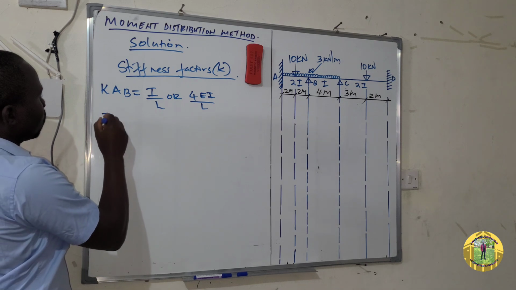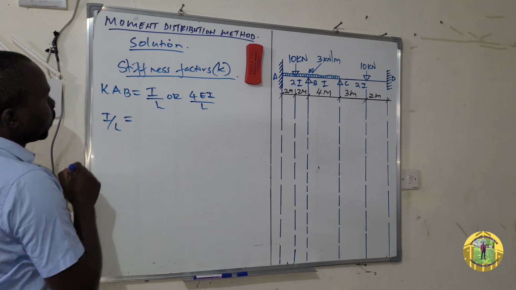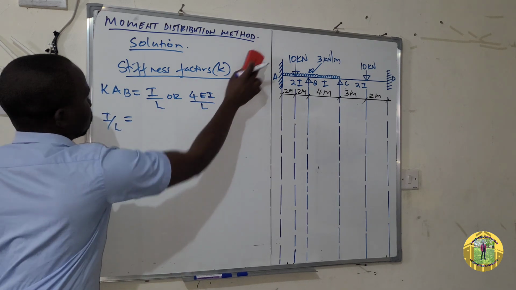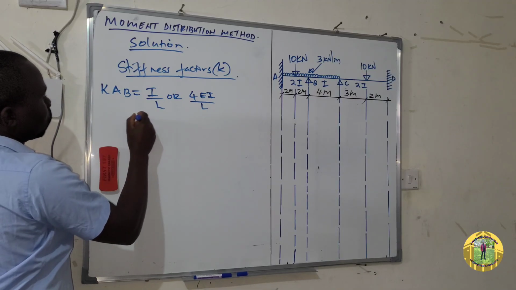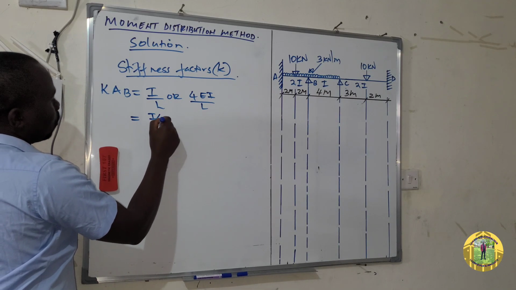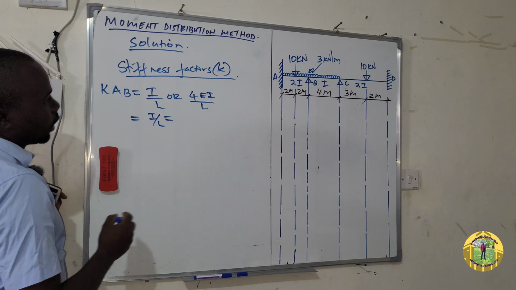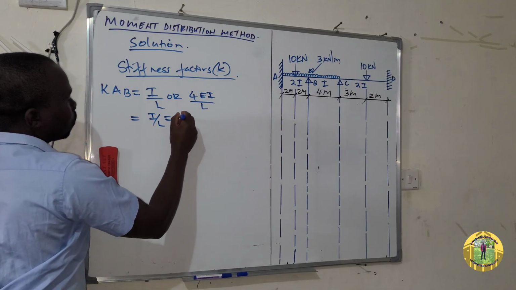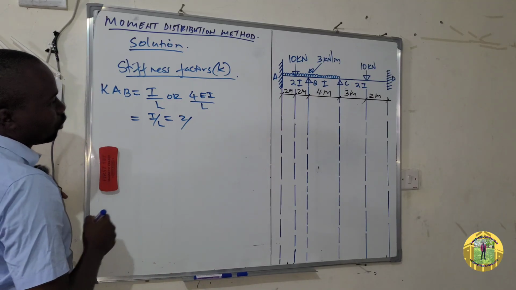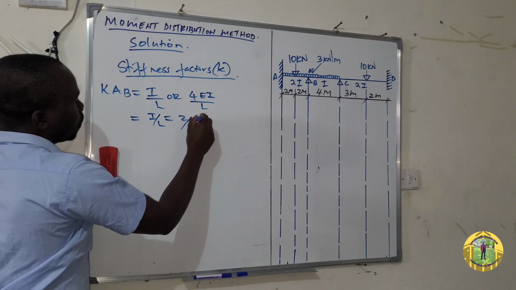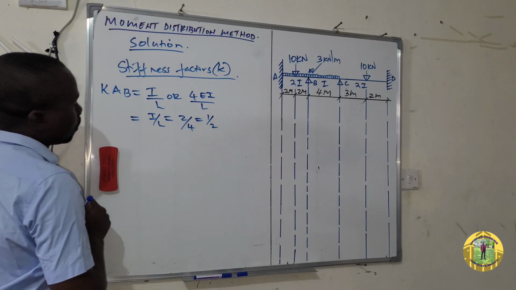So I over L is equal to I is 2, and L is 4. So this one is equal to a half.